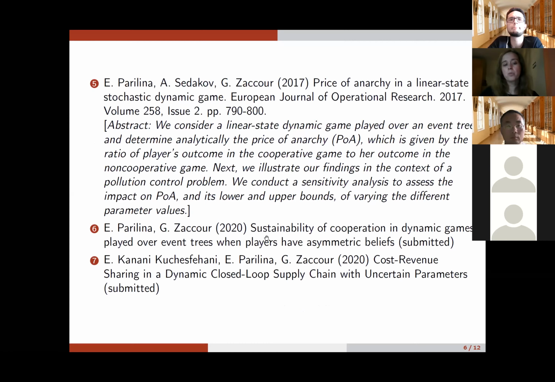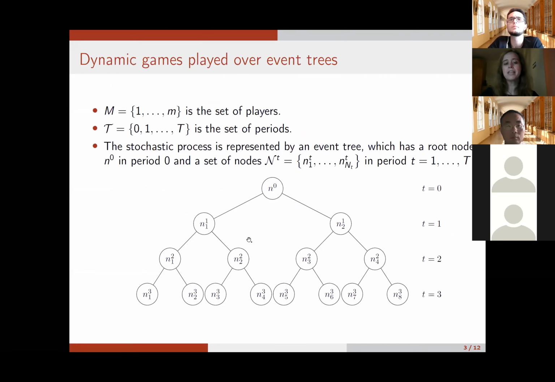And the first one is devoted to sustainability of cooperation for this class of games when players have asymmetric beliefs. So all players have not the same, but different probabilities of transition from one state to another state. So you can imagine that each player has his own expert and his own information about these transition probabilities over event trees. And we consider a cooperative version of this game.